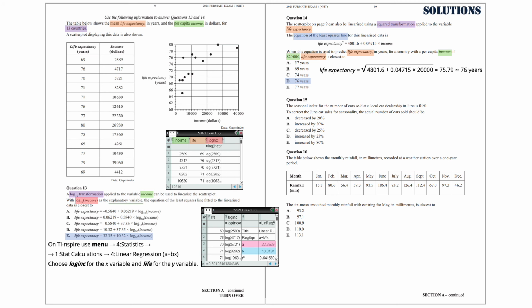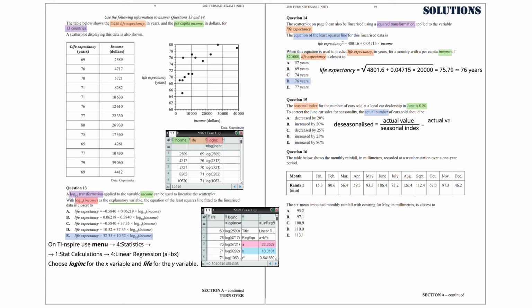Question 15. The seasonal index for the number of cars sold at a local car dealership in June is 0.8. To correct the June car sales for seasonality, the actual number of cars sold should be increased or decreased, and by how much? We are going to start from the formula. The seasonalised value equals the actual value divided by the seasonal index.